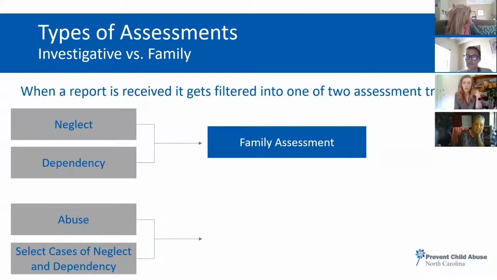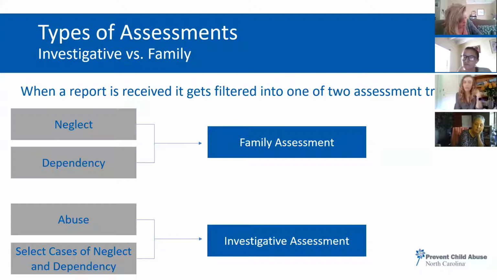And if the report is abuse or a more severe case of neglect or dependency, it's going to be filtered into the investigative assessment track. I'm going to talk a little bit about what those tracks mean, but just know that this webpage is going to be showing you the results of both of those different types of assessment tracks.